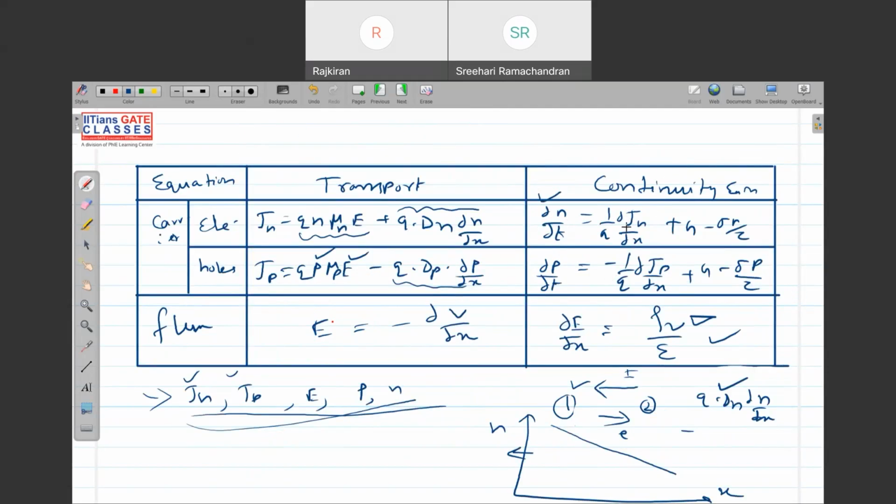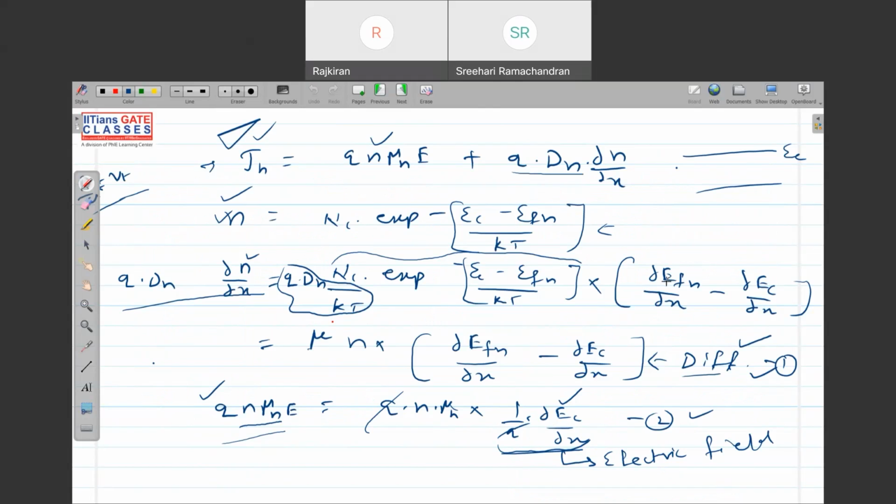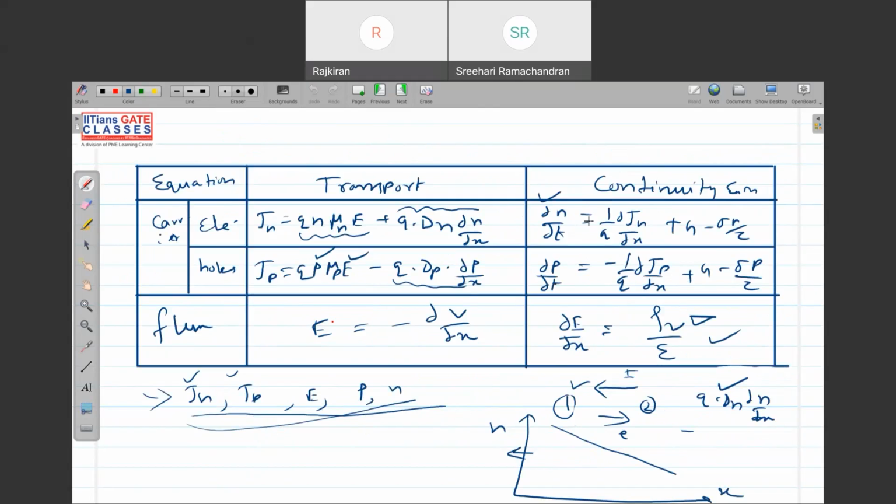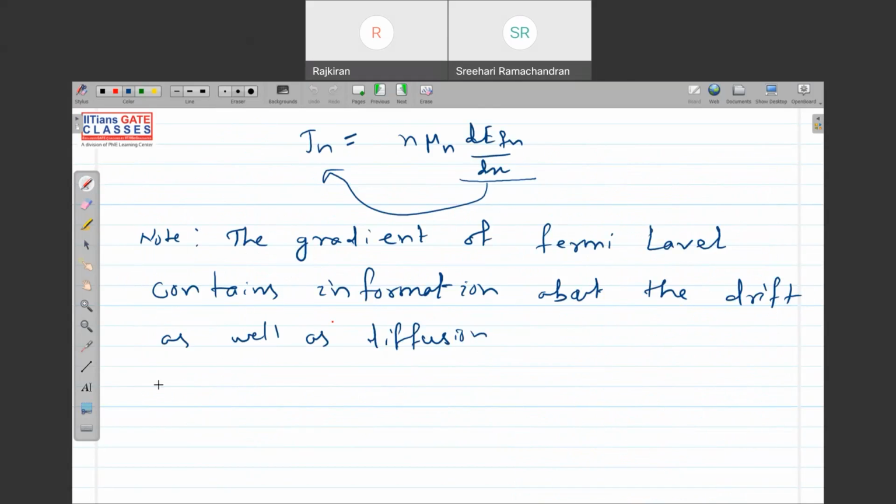We need not see this condition now. Suppose I am in equilibrium. Equilibrium means what?